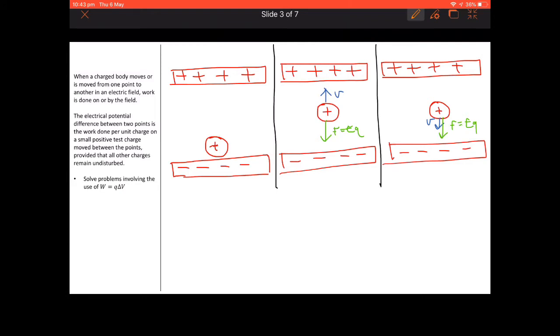So here we've got three different situations of positive charges between oppositely charged plates.